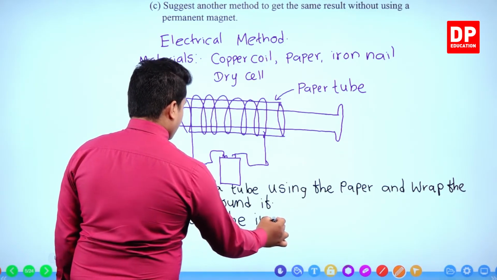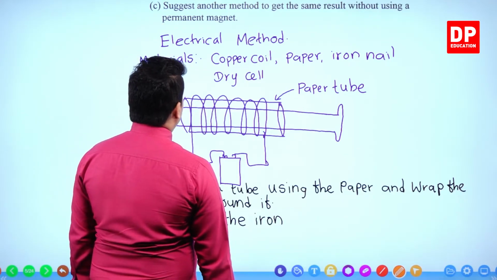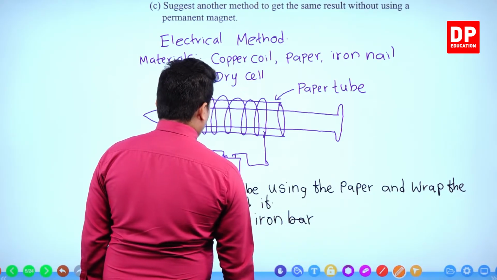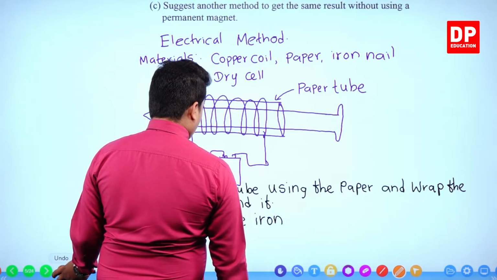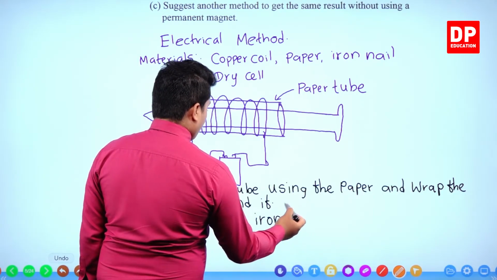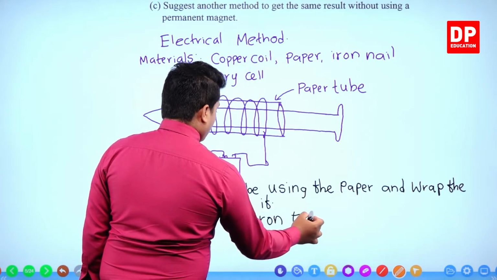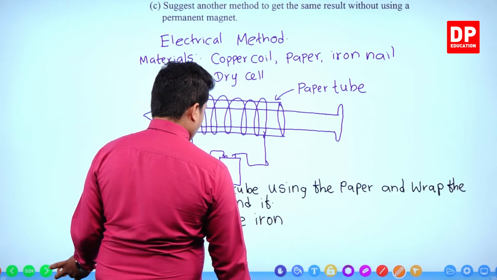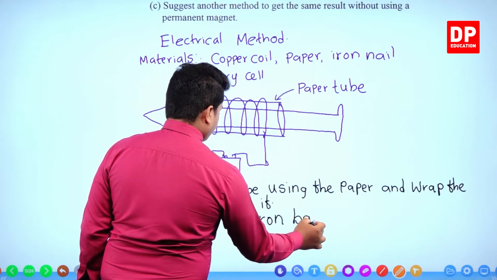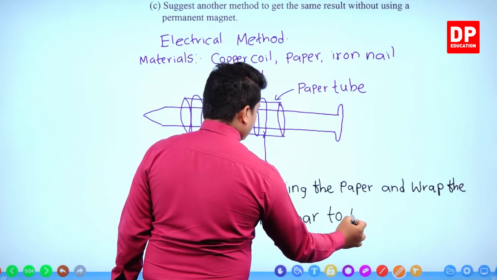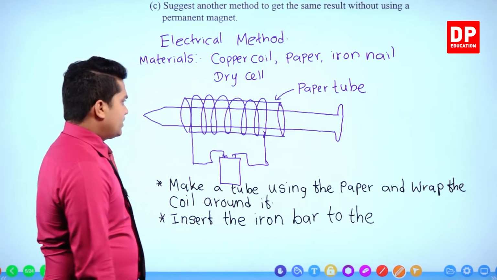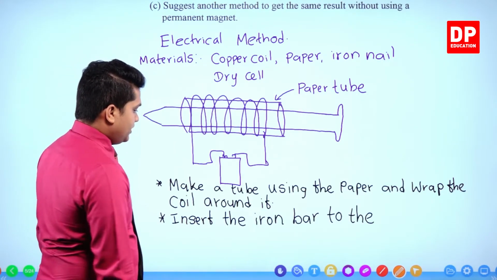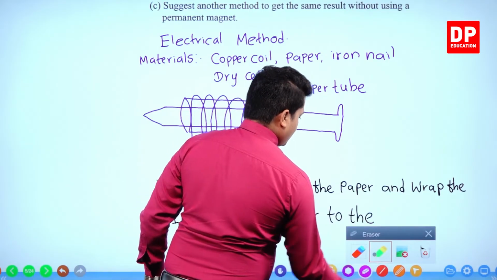The question is given as iron bar, no? So I'll erase these two parts at the end to make it into a bar like this.